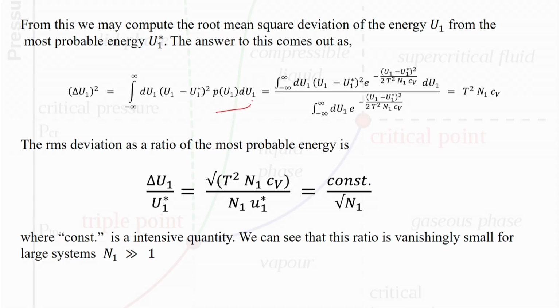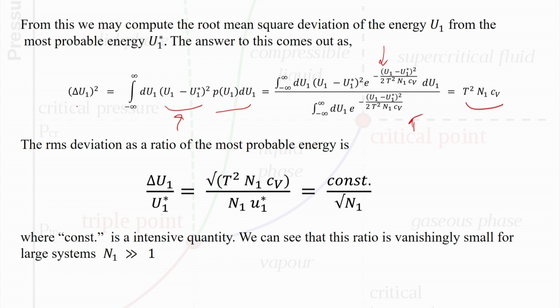You recall that the root mean squared is defined in this way: you look at the deviation, you square it, and you take the mean. Taking the mean is basically averaging over the probability distribution, which is what I have done here. So when I do this, I end up with this result.